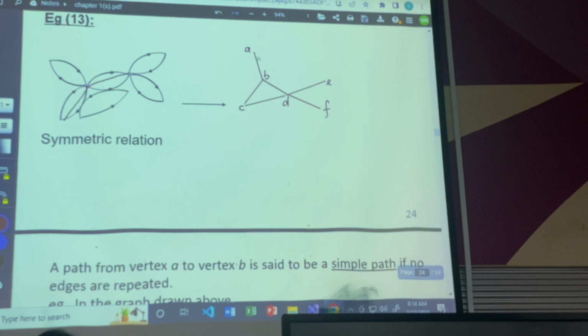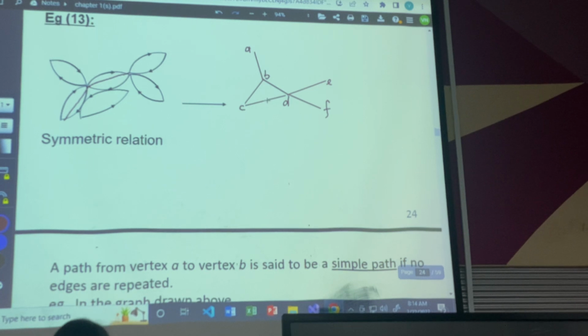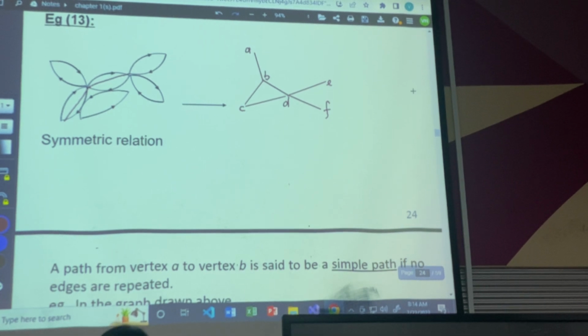Okay? But if I go through like this, A, B, D, and then C, B, D, in that case B and D I have already gone through twice, right? Then a path like this is not a simple path anymore.